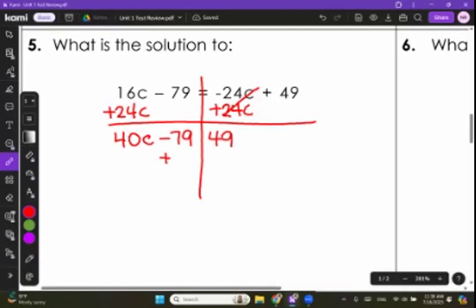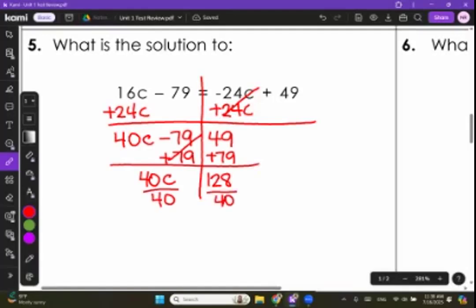Now minus changes to a plus. 49 plus 79 is 128, divided by 40. And you get c is equal to 3.2.